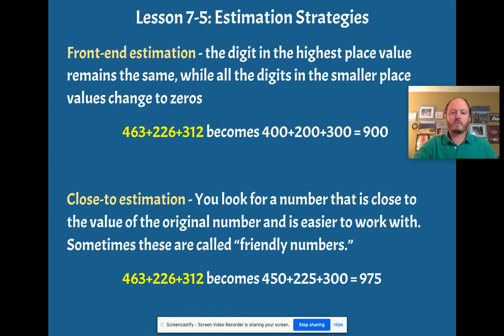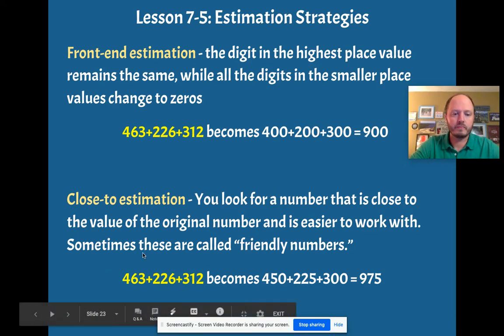All right, so in close to estimation, it is a little bit fuzzier. We have to look at some of the different examples, and we might say one number works better than the other. But 463, well, a close to number or a friendly number would be 450 for that. 226, 225.